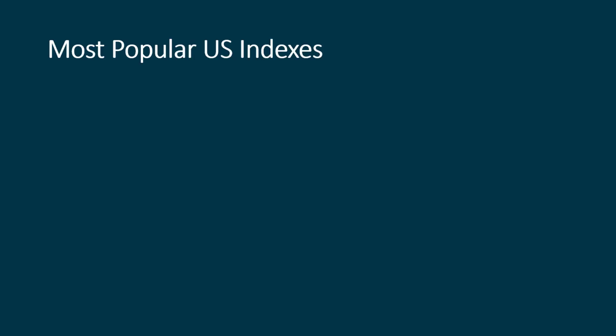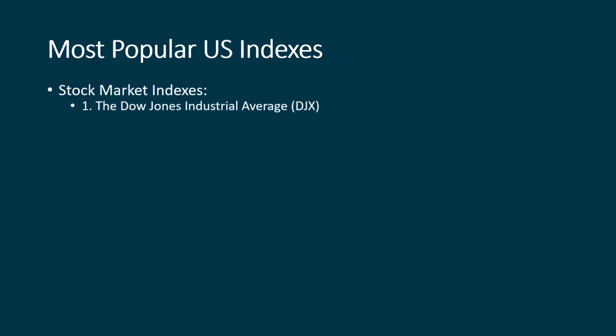What are some of the most popular indexes in the US? Some of the stock market indexes that we look at are the Dow Jones Industrial Average. A lot of times when I'm talking about this in videos or in blog posts, I'll just refer to it as the DJX. There's also an ETF that trades with the Dow, and those are called the diamonds, and the symbol is DIA. And there are also mutual funds that are based on the Dow.